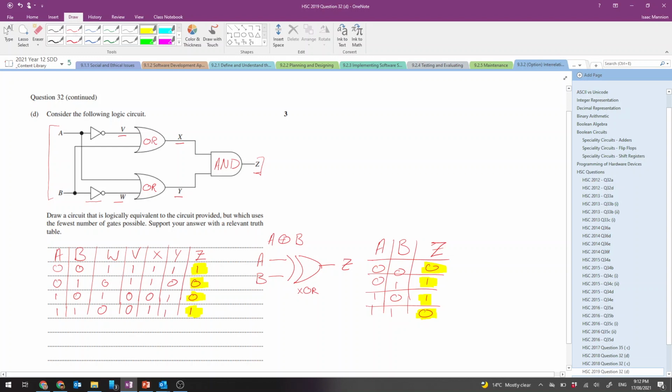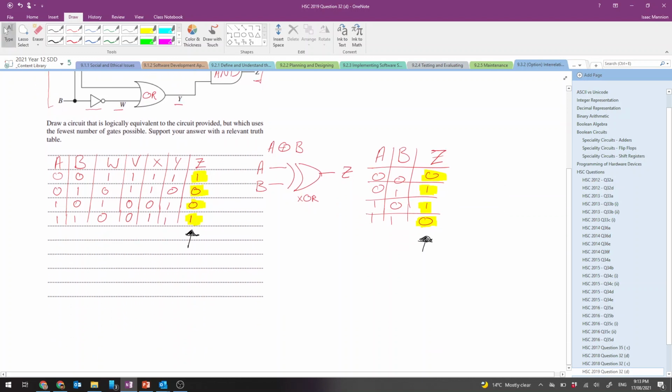So what I want you to see here is that this column in our truth table here is the complete opposite of an XOR gate here, just by inspection. So our simplified circuit, knowing that, is going to be the inversion of an XOR gate.